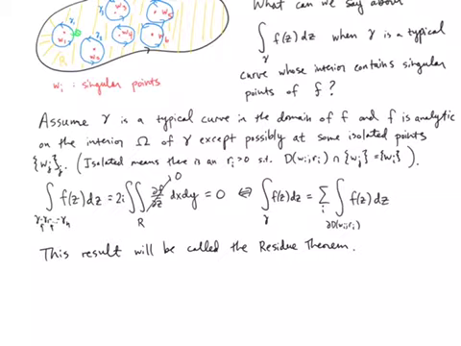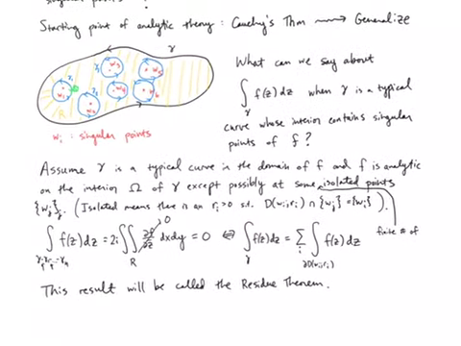And I just realized that in order to apply Green's theorem and for this sum to make sense, I know I said that this could be an infinite number of points, but I take that back. I don't feel like going back and deleting the video, so I'm just going to add it here: finite number of. So we'll be assuming that this curve is going around a finite number of these singular points.